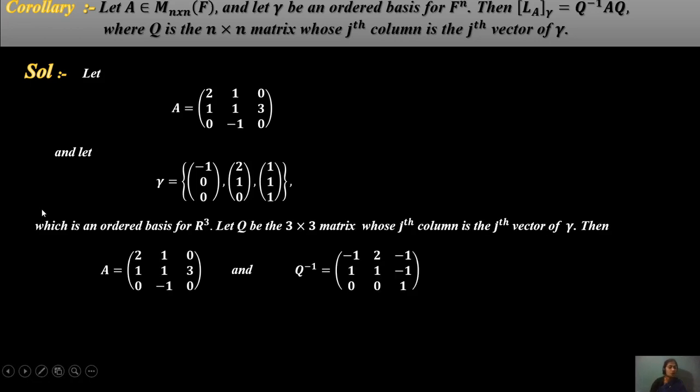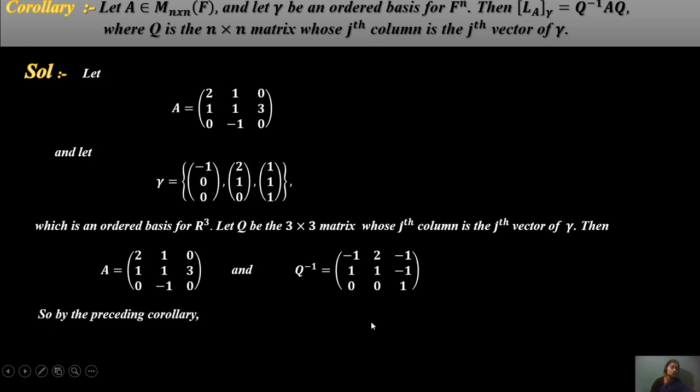Then gamma is the ordered basis for R^3. Let Q be the 3×3 matrix with the jth column the jth vector of gamma. Then A is given by this condition, and Q inverse is generated with the value -1, 1, 0; 2, 1, 0; -1, 1.